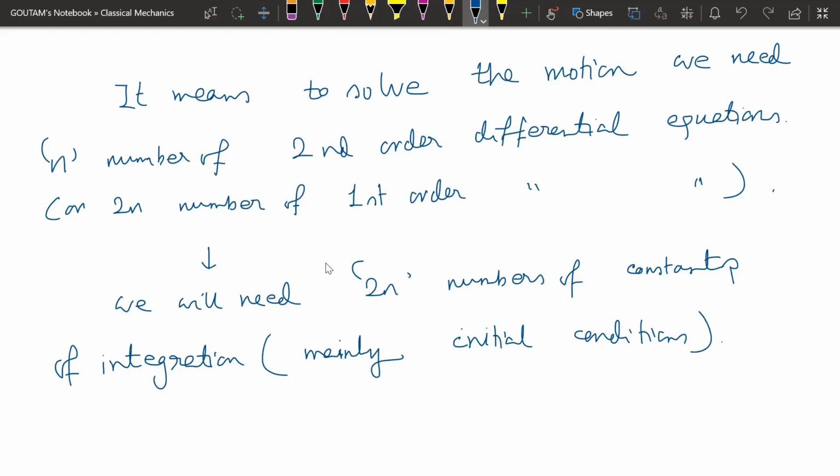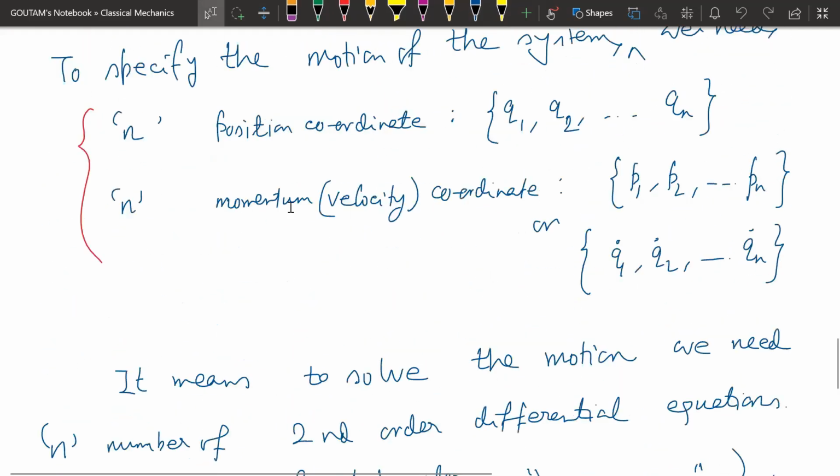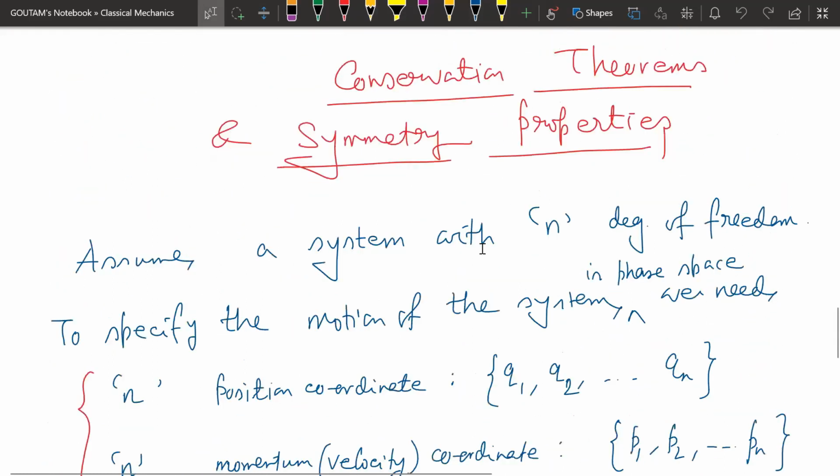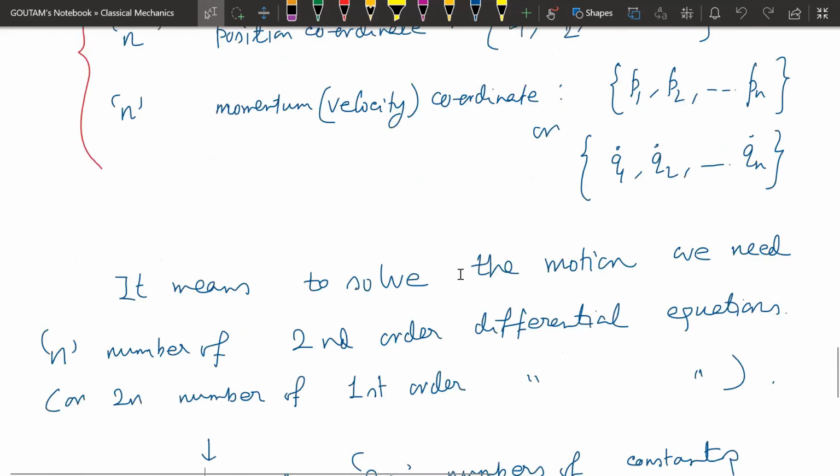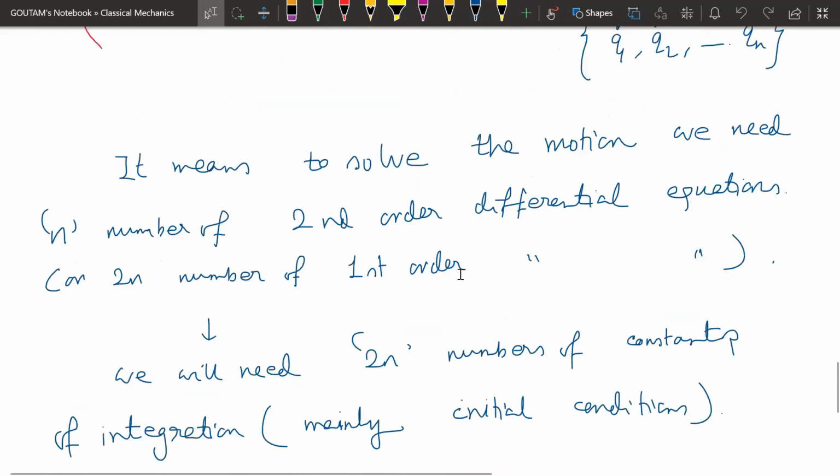So we need some initial conditions from where we need to start. But the problem is, as the number of variables increases, the problem becomes more and more complicated.